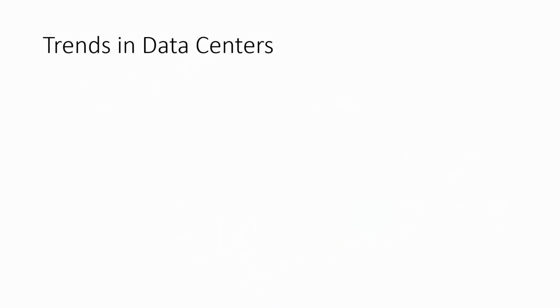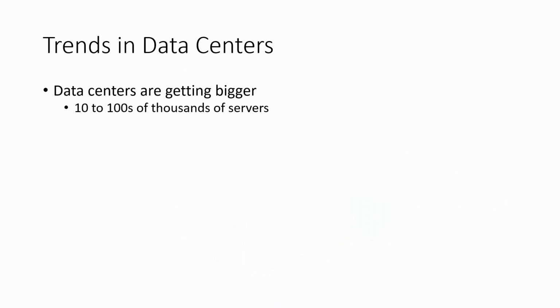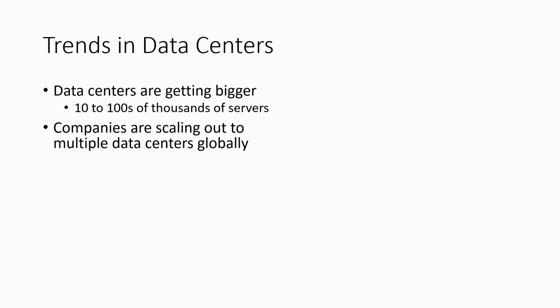So let's look at some of the data center trends. Data centers are getting really big. Typical data centers today can consist of anywhere between tens to hundreds of thousands of servers. Companies, especially internet service companies, are scaling out to multiple data centers globally. Companies such as Amazon, Google, Microsoft, and Facebook have multiple data centers located in different regions of the globe in order to service their different global clientele.